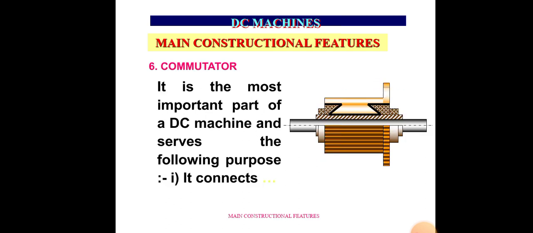Next one is the commutator. The commutator converts the alternating EMF into unidirectional or direct EMF. It is made up of wedge-shaped segments insulated by a thin layer of mica.